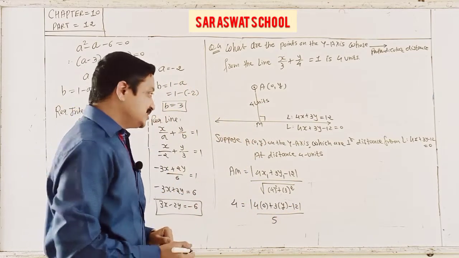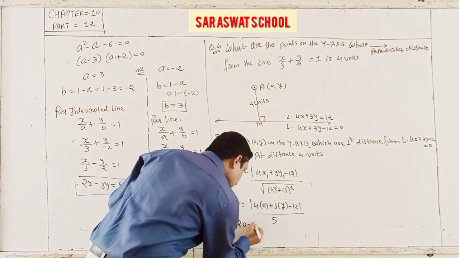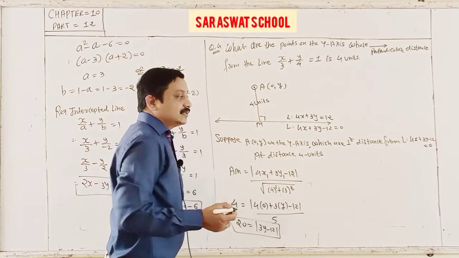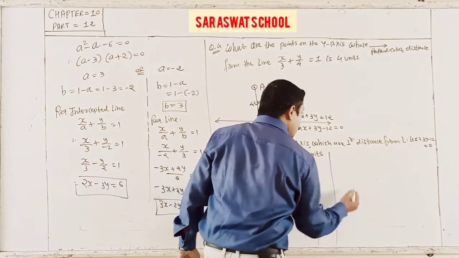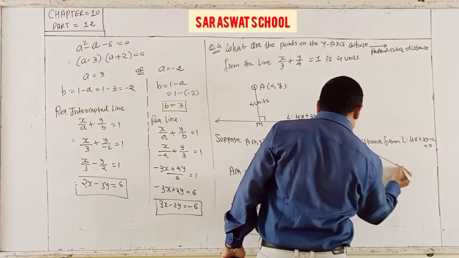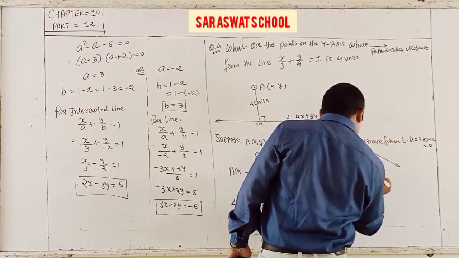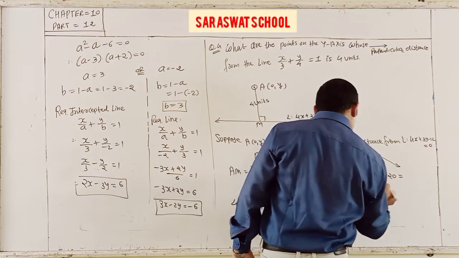Multiply it, 20. So here 20 equals 3y minus 12, and here students you can apply modulus. There are two answers, one positive and one negative: 20 positive or 20 negative.